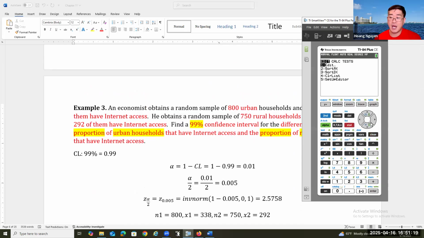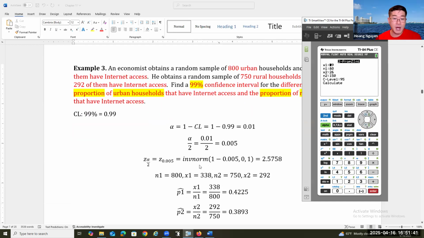So we're going to go to the stats option and we're going to go to the test, and then we're looking for two proportion Z interval. Okay, so this is going to be option B. Two proportion Z interval, option B. Now, X1 is equal 338, N1 is equal 800, X2 is equal 292, and N2 is equal 750.